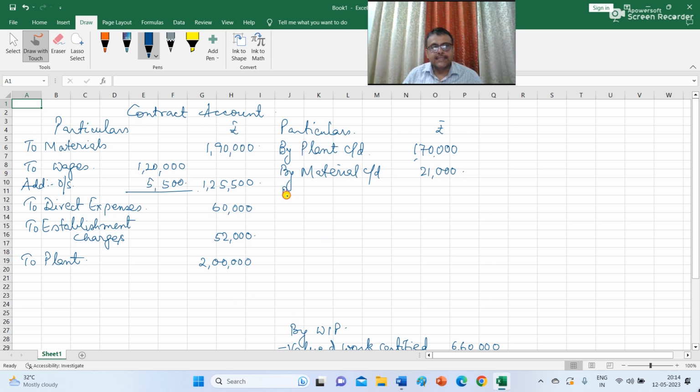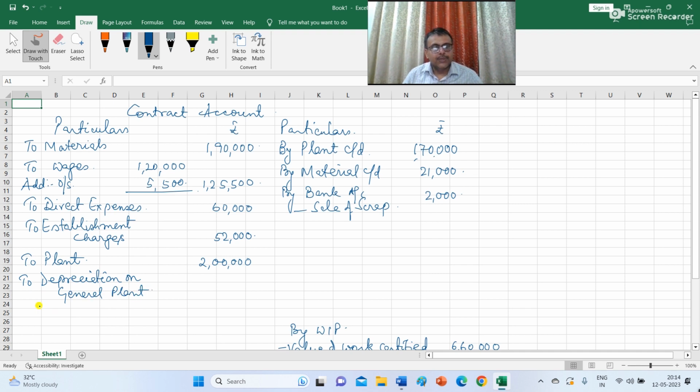So on the credit side, I have to record as by bank account, sale of scrap, for rupees 2,000. And then on the debit side, I have to write to depreciation on general plant.